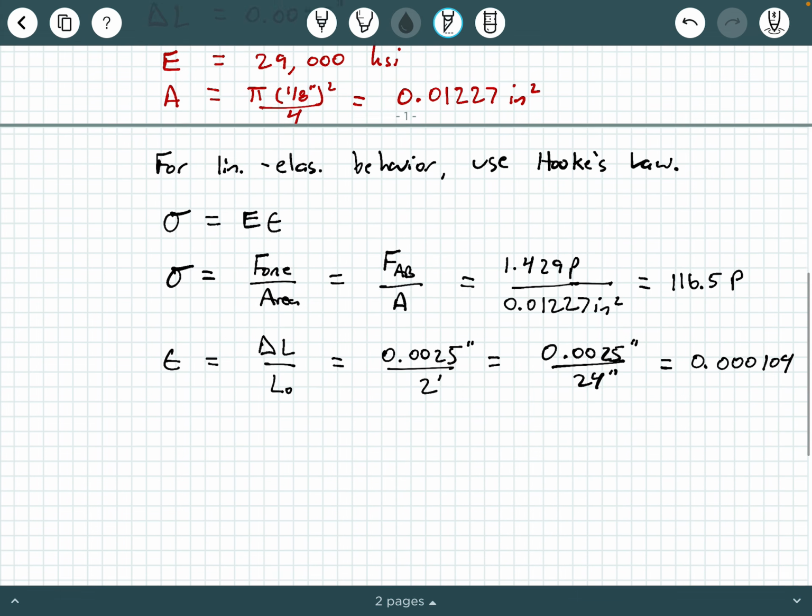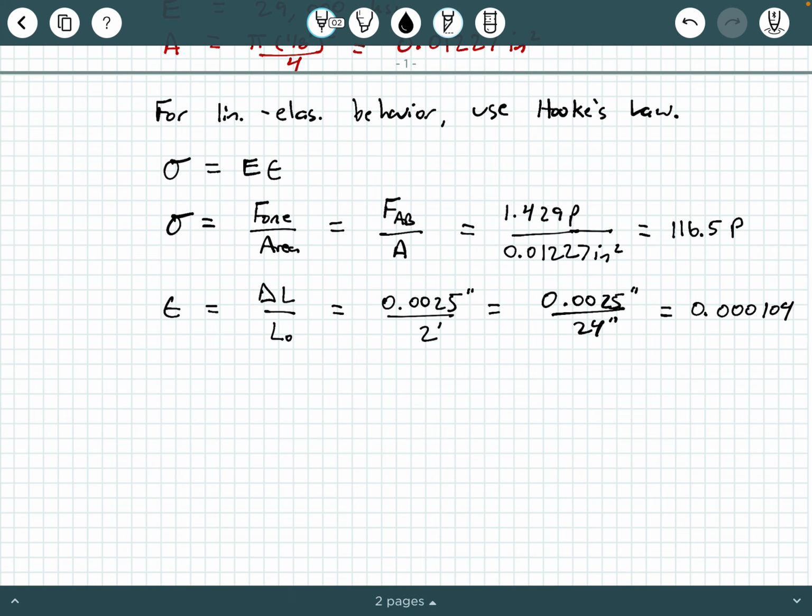Now I can use Hooke's law and put all of this information together. Stress, 116.5 P, equals modulus of elasticity, 29,000 KSI, times strain, 0.000104. And so solving for P, what do we get?